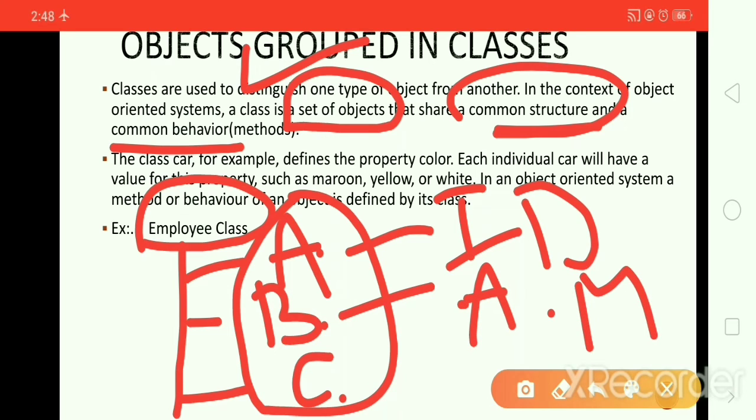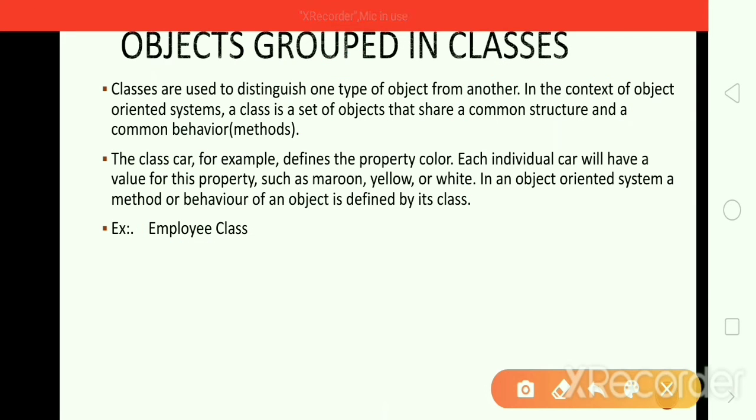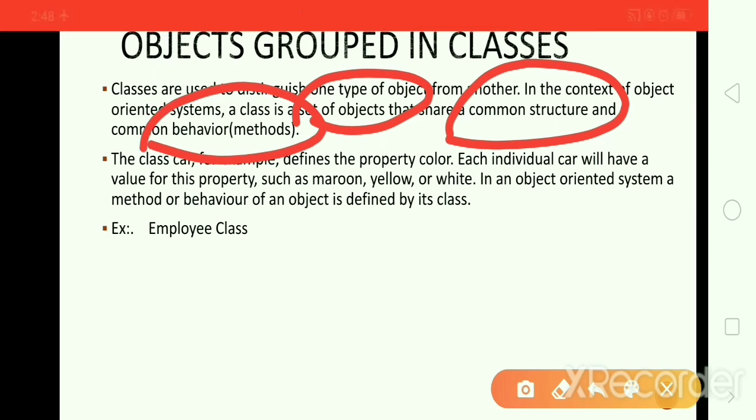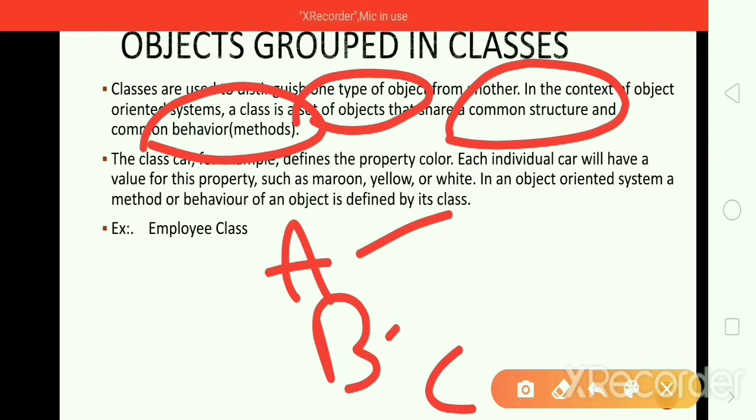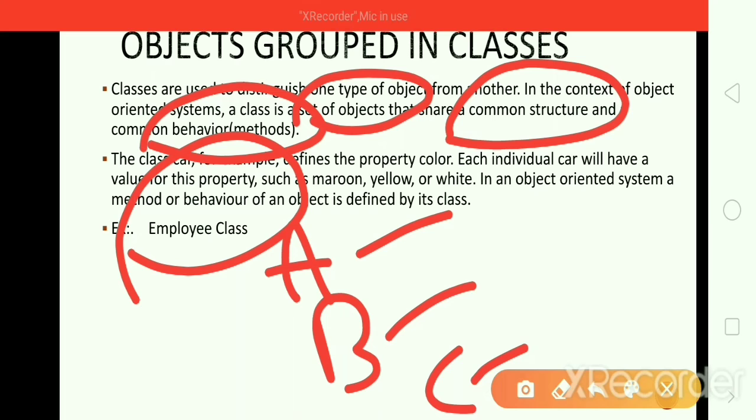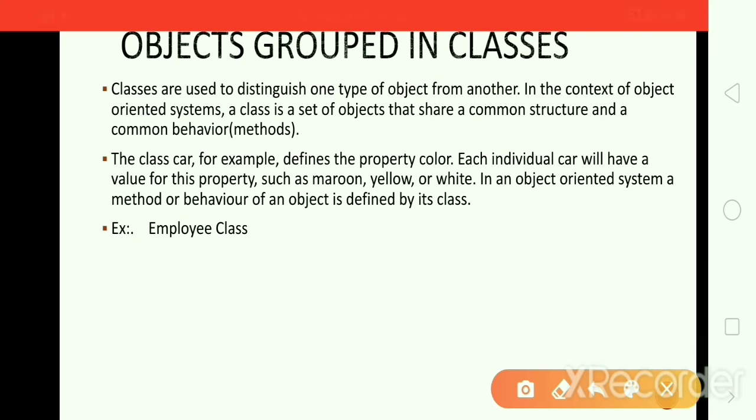In the same way, employee B and employee C. That is what, guys: a class is a collection of objects which share common structure and common behavior, and those A, B, C employees can work for a particular company and perform tasks related to their work. So this is how we can define a class with an example.